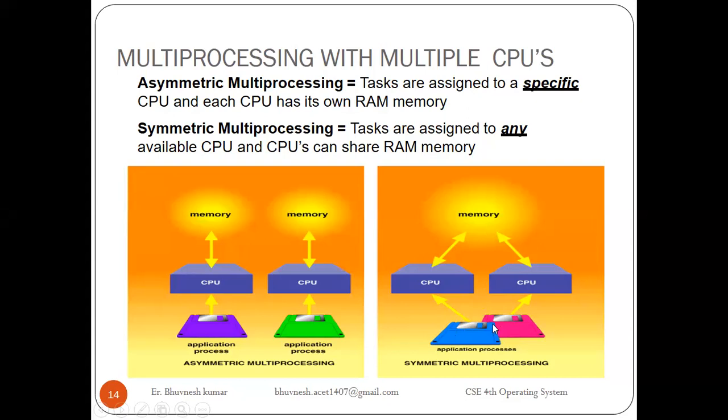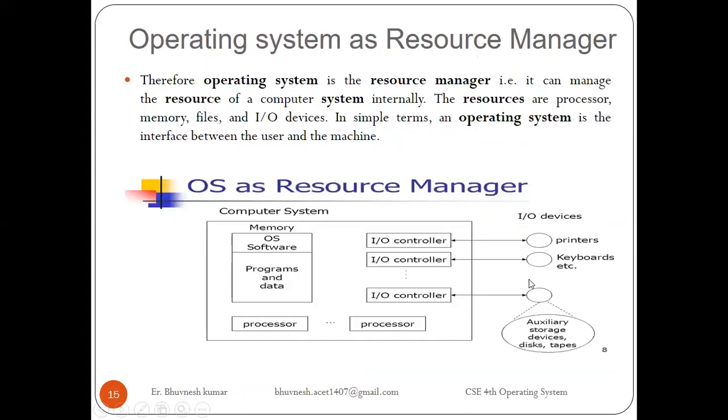There are a number of applications or processes, and each process will be assigned to any available CPU, and they also share memory. Whichever CPU is available, the task will be allocated to it. This comes under multiprocessing.